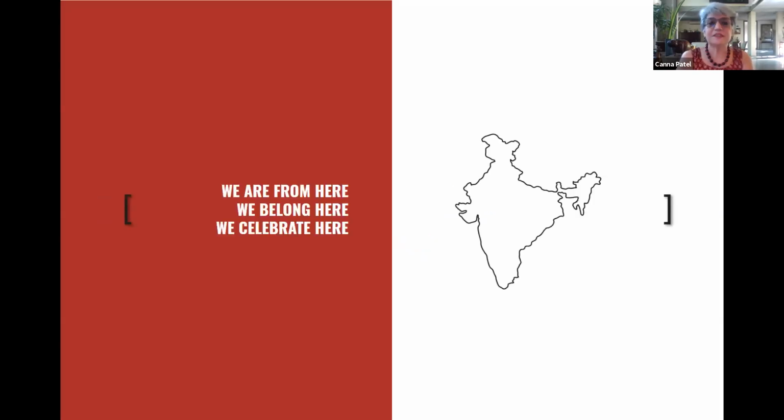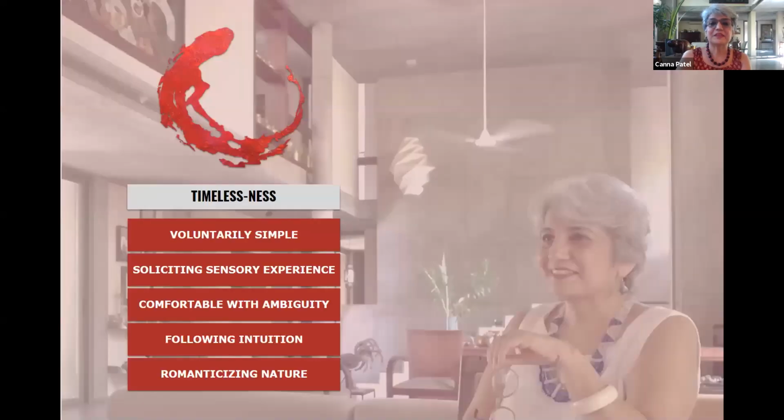So the first thing is that we acknowledge that we are from here, which is India, we belong here and we celebrate here. That comes to all of us, no matter where we are in India. While we were doing that, on this whole issue of timelessness, I would reiterate that we were not looking for forms and shapes in spaces.